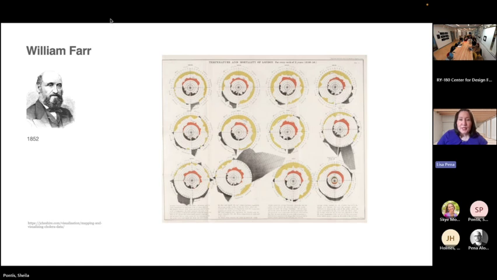He actually disagreed with Dr. Snow, but then ultimately came around and realized he was wrong, and he ended up aligning with Snow in the end. But what I appreciate about this piece is it uses color to reveal patterns. If you think of Tufte, when he talks about his small multiples, you can start to see how this snapshot begins to show when cholera was predominant and when it wasn't.